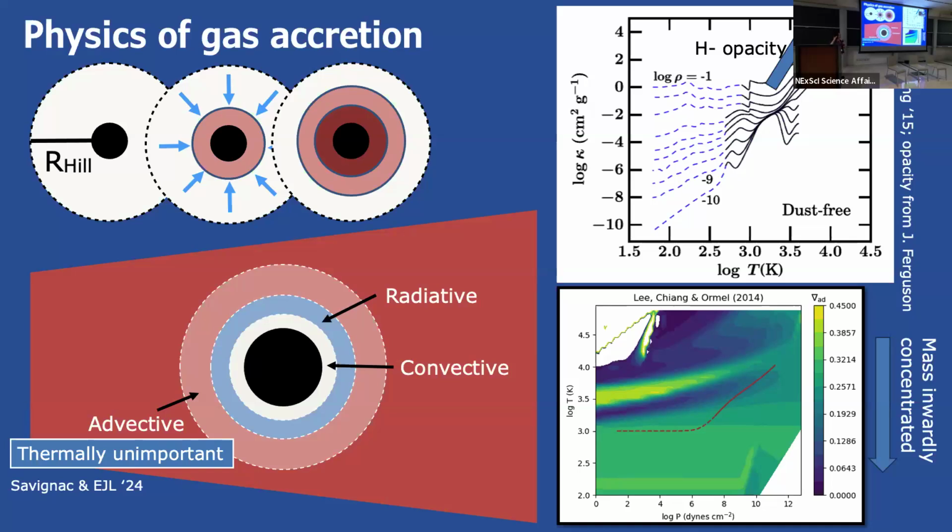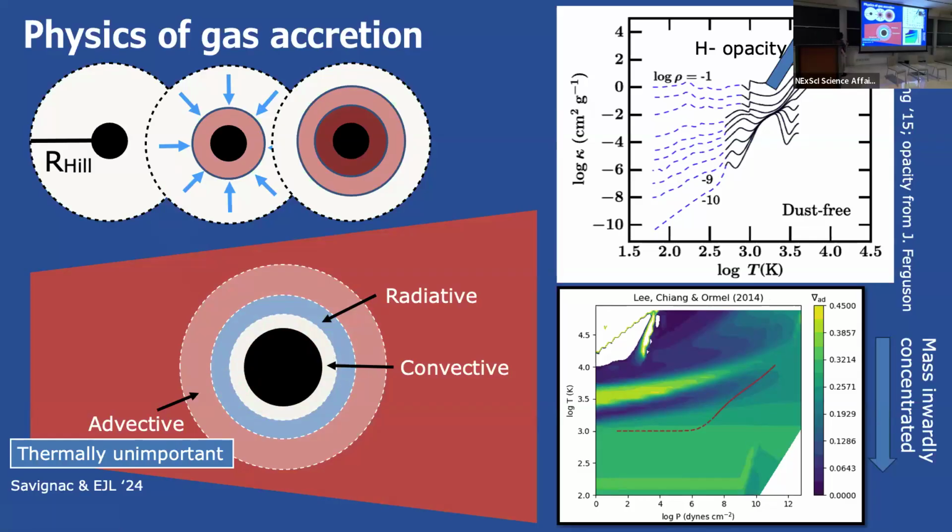It causes a bit of a thermostatic effect where the envelope approaches, but not actually reaches, an isotherm. That reduces the adiabatic gradient, and that causes a central concentration of mass. So about 80% or more of the envelope gas is locked into this inner convective zone. And furthermore, it is centrally concentrated toward the surface of the core.